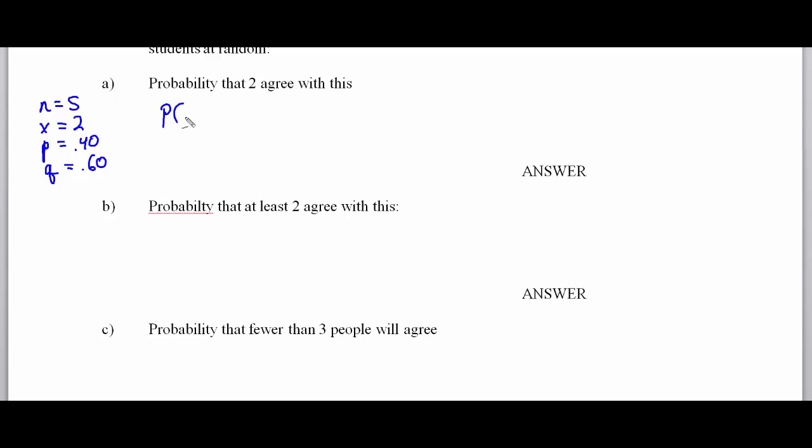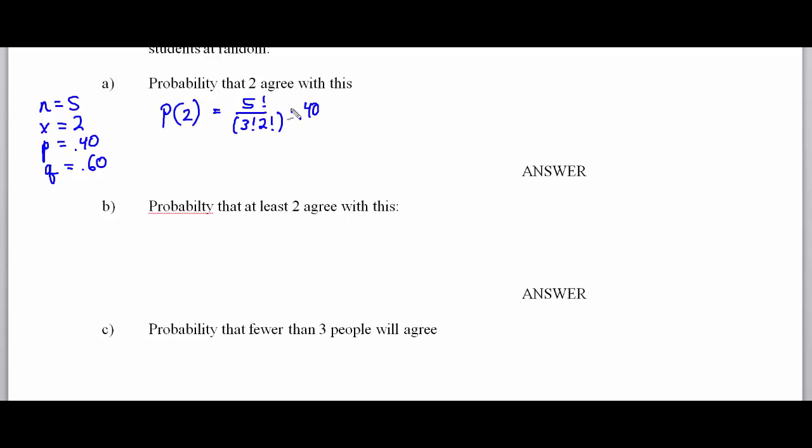So my probability of getting 2 out of 5 people to say that this is true is going to be the following factorial equation. 5 factorial divided by, and I'll use the single parenthesis here, 3 factorial, 2 factorial, so this mimics what we're going to type on our calculator, times 0.40.